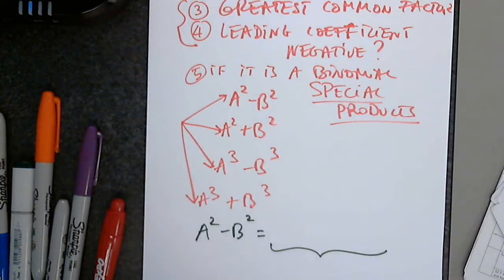Which special product did we use when we rationalized the denominator? Let's say I have the square root of x plus the square root of y. What do I need? If the denominator is the square root of x plus the square root of y, how do I rationalize it, using what?